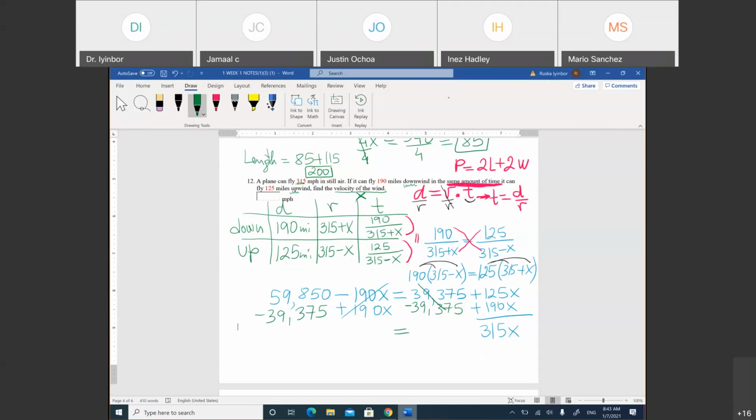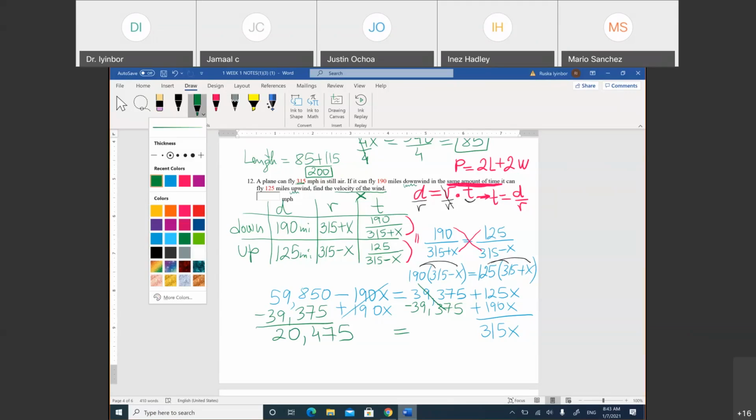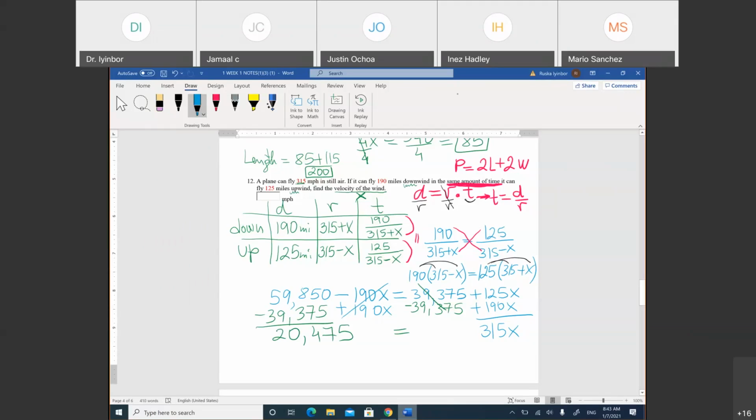I'm going to get 59,850 minus 39,375. That gives me 20,475. So this is the equation I have: 20,475 equals 315x. And then the last step is to divide by 315 to get x by itself.